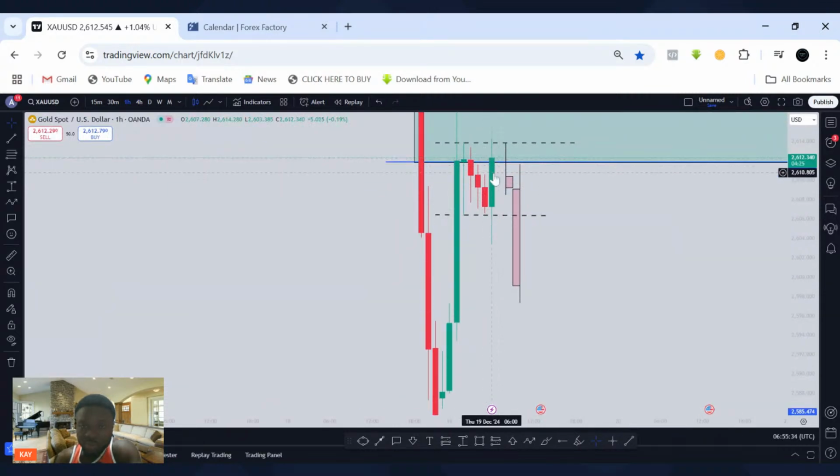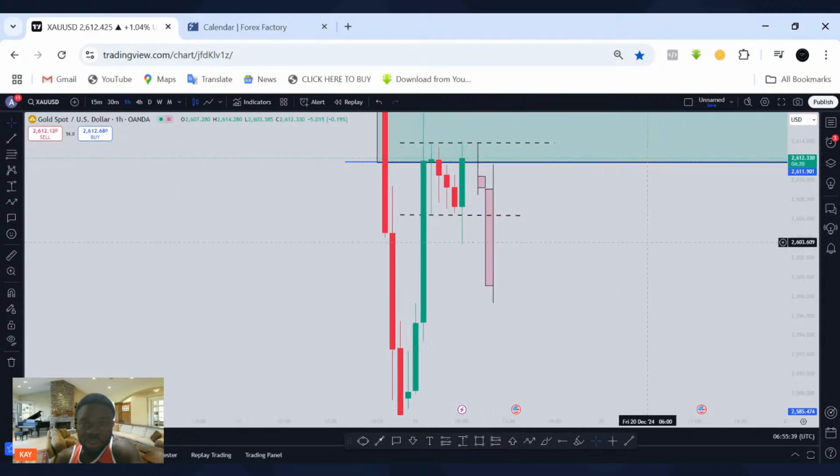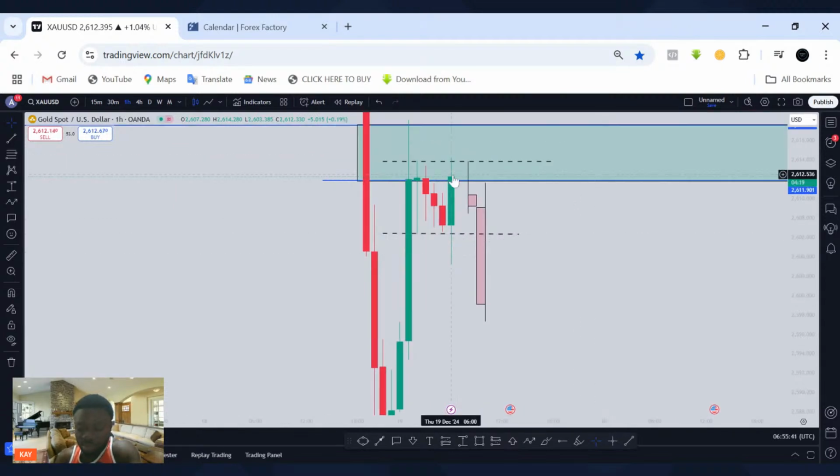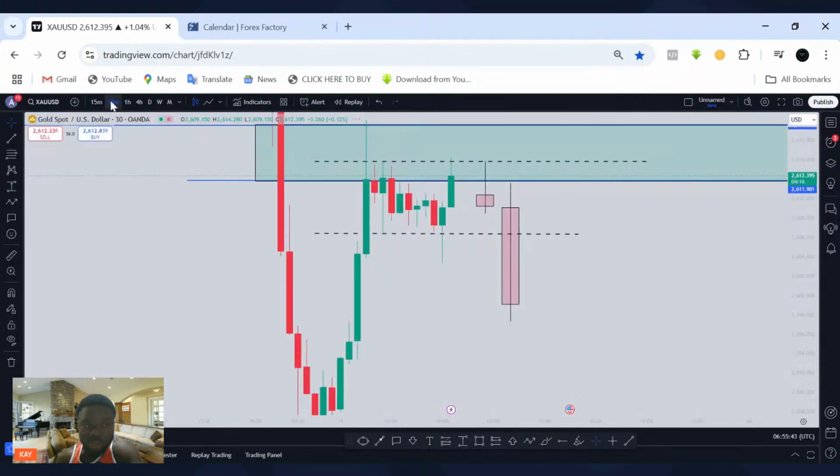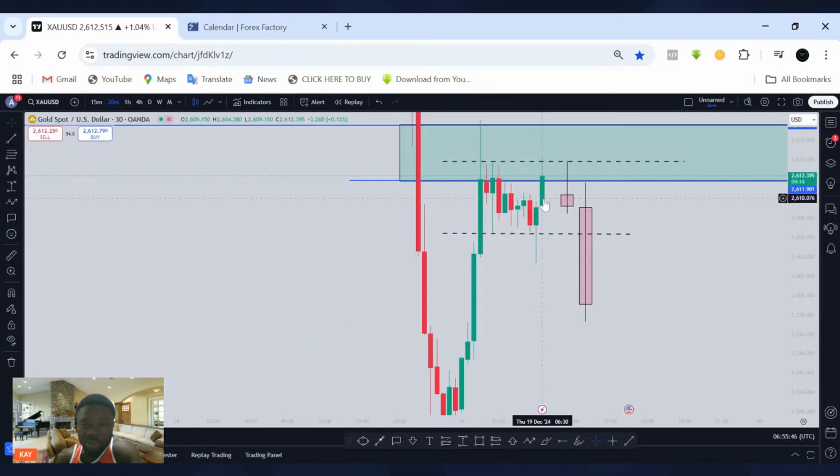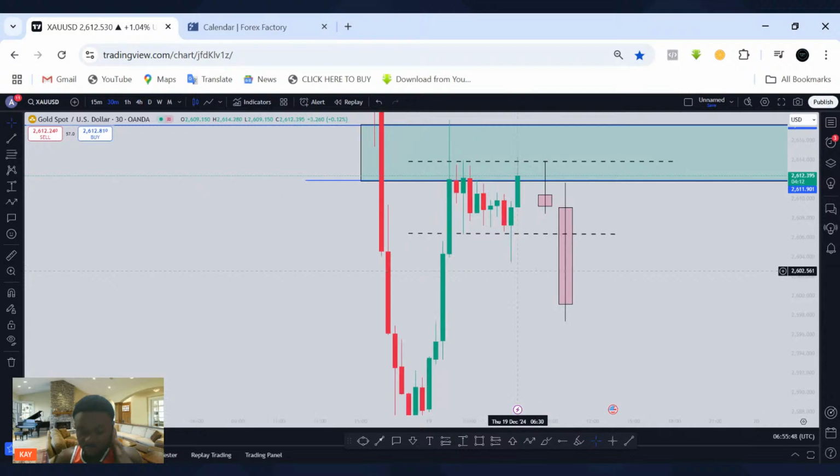So what I'm hoping for is what? This H1 candle should break within this zone. That's what I'm expecting to happen. This H1 candle should break within this zone, and you have a trend continuation.